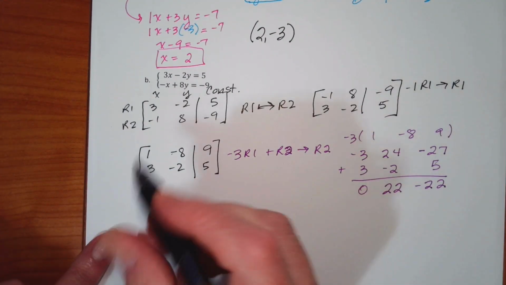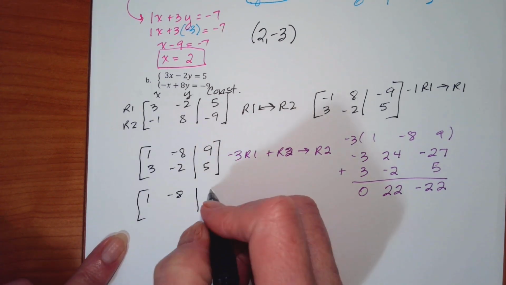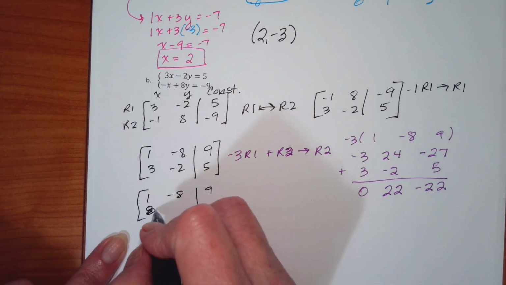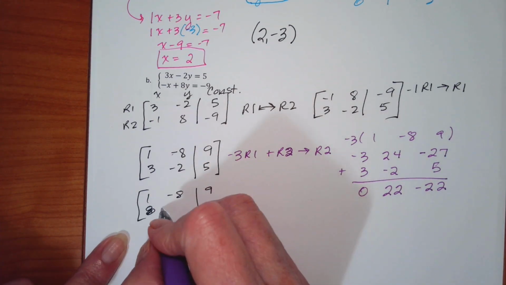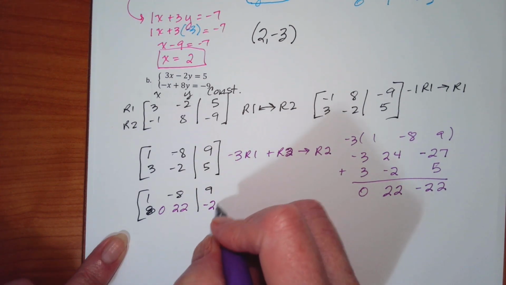Okay, so my next matrix is 1, -8, 9, and then here I'm going to put in 0, 22, -22.